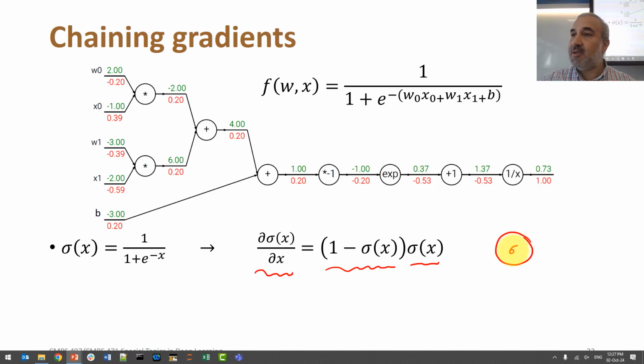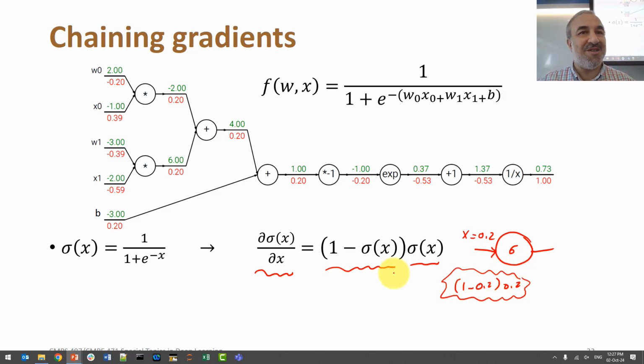We call it the sigmoid, and whatever the input is, let's say the input x is 0.2. Then what is the local derivative? It's 1 minus 0.2 times 0.2. That will be the local derivative.